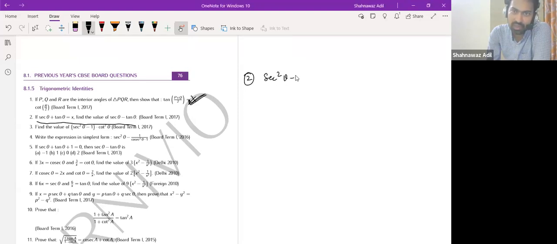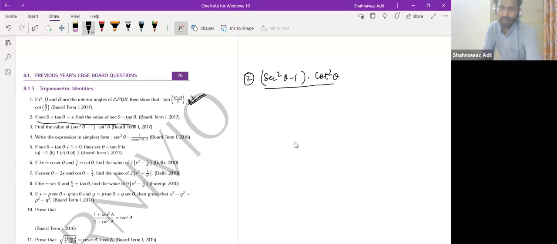Sec square theta minus 1 into cot square theta. Okay, this is what we have to find out. So again, this is sec square theta minus 1. So what can we do about this term?